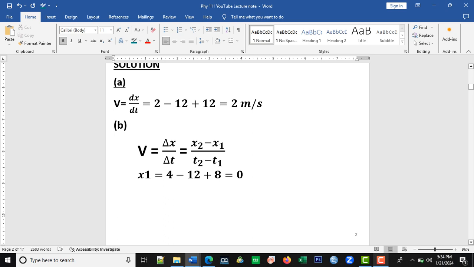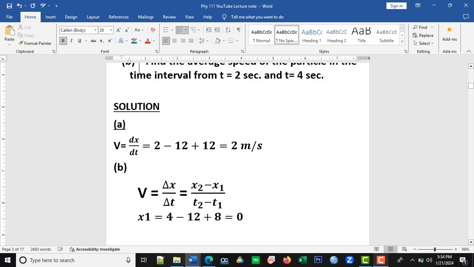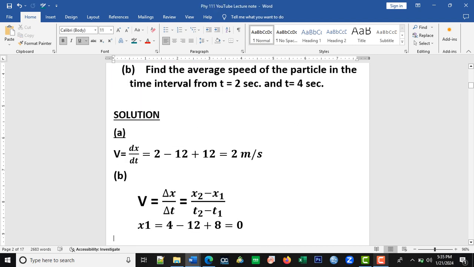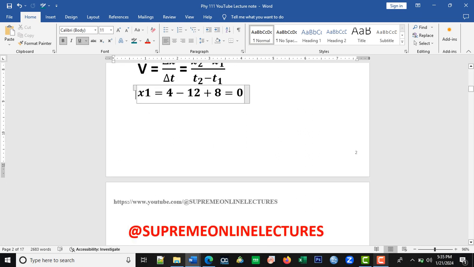Okay, so for us to find x2, we still use the expression for the position of the particle, and we are going to substitute t equals 4 into that expression.